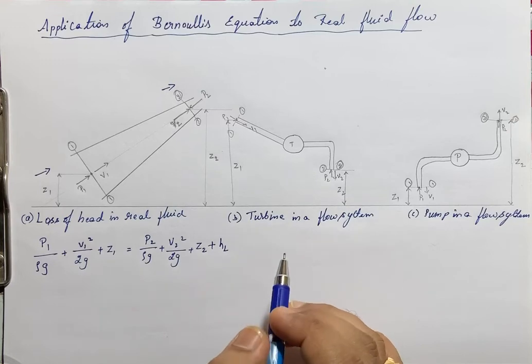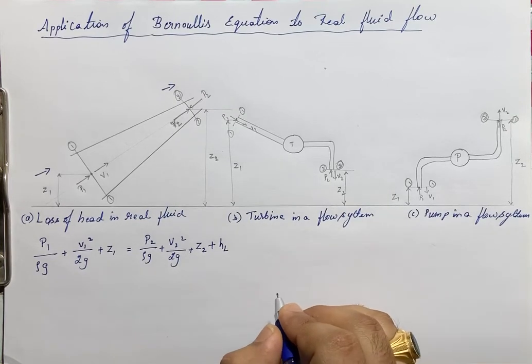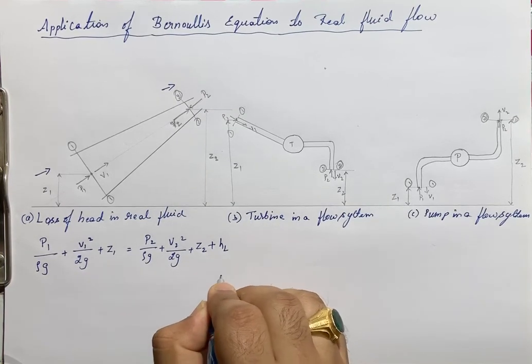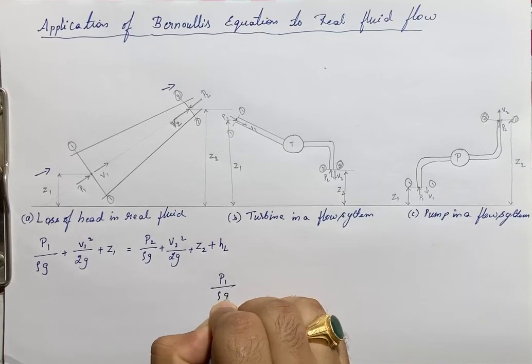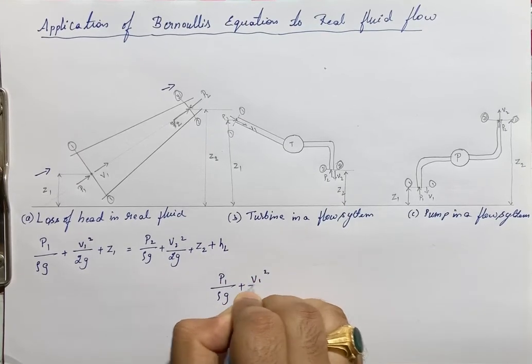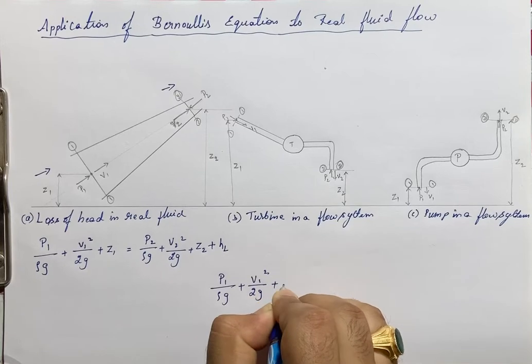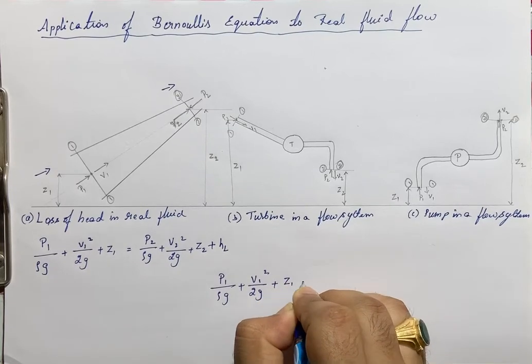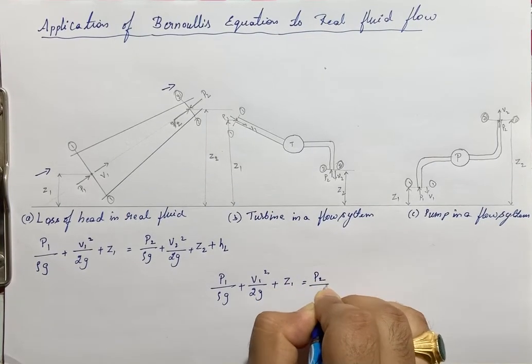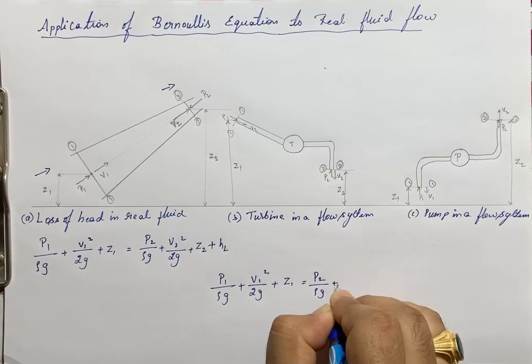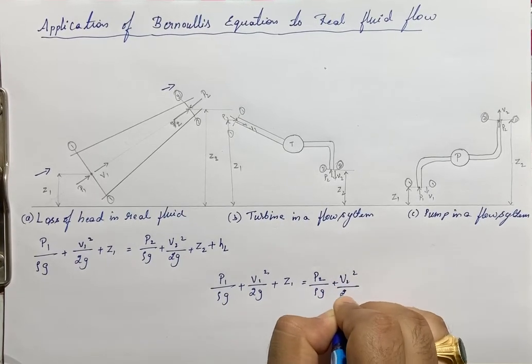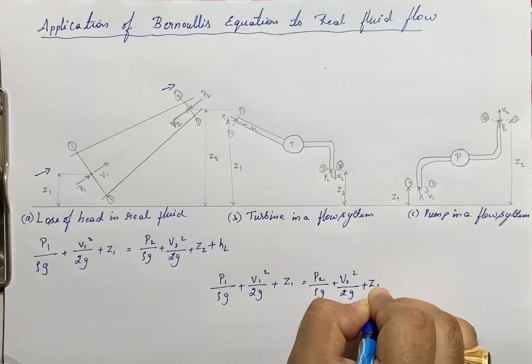Now similarly for the turbine. If I write Bernoulli's equation here, that is P1 by rho g plus V1 square by 2g plus Z1 is equal to P2 by rho g plus V2 square by 2g plus Z2.